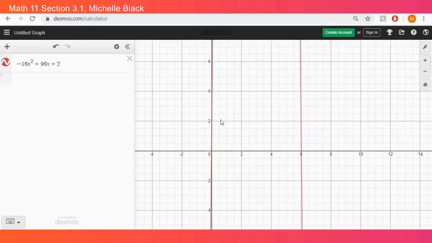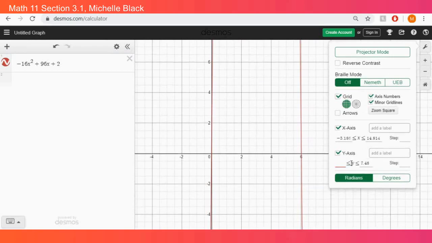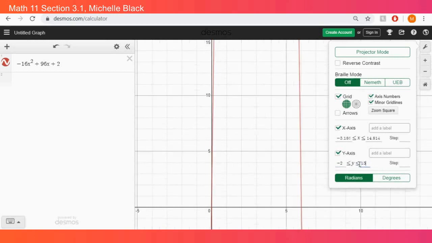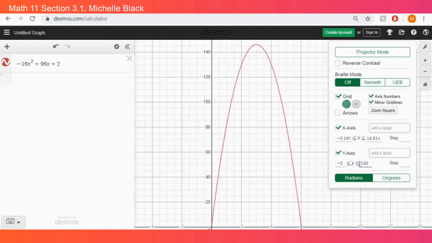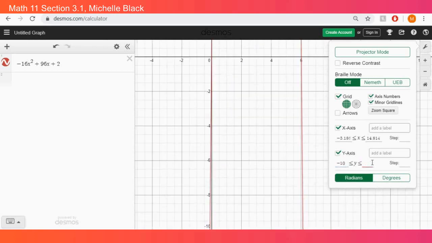Now, the way that I have my coordinates set up right now is that my y's are going by 2's, but you even saw while we were doing the math that our max height is almost 150. So I'm going to change the range of my y-axis to go from negative 2 to 150. And at least now I can see the entire graph. Actually, I'm going to spread it out a little bit more so I can see more things happening. Maybe I'll go to like 180.